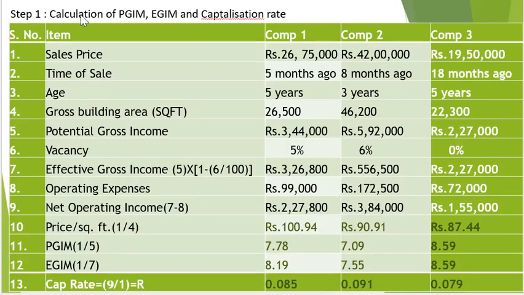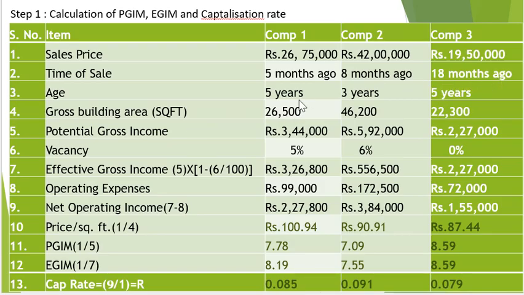So first we will calculate PGIM, the potential gross income multiplier, the effective gross income multiplier, and the capitalization rate from the data which is given to you for comparable 1, 2 and 3. So this is the data given to you. Sale price 26 lakh 75,000, 42 lakh, 19 lakh 50,000, time of sale 5 months ago, 8 months ago, 18 months ago.